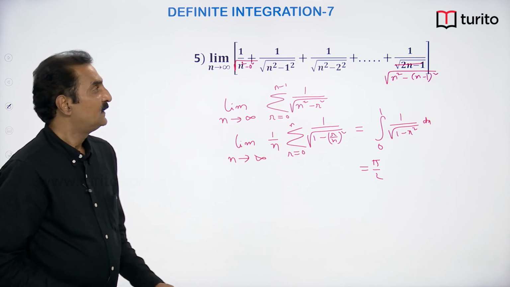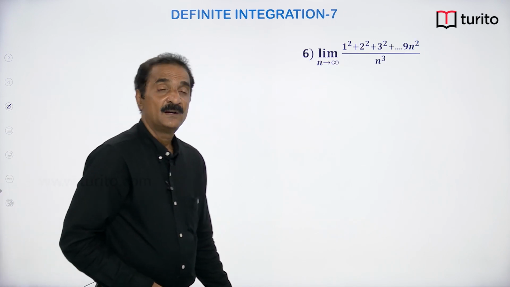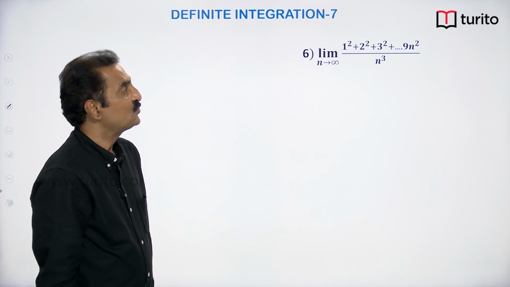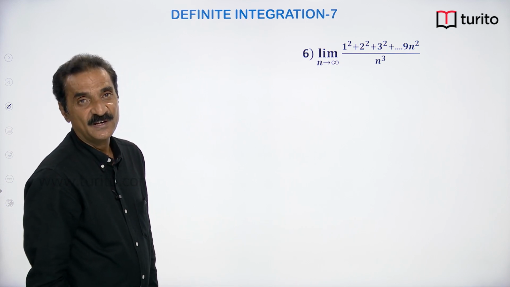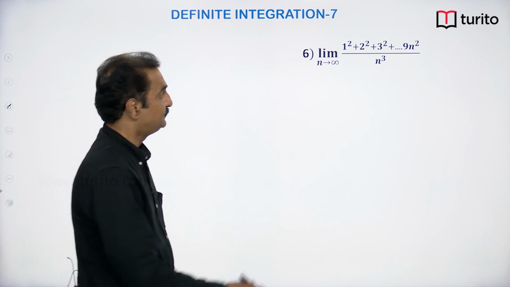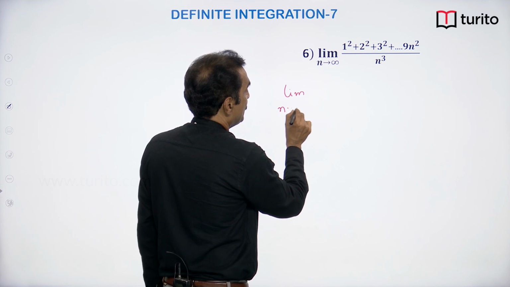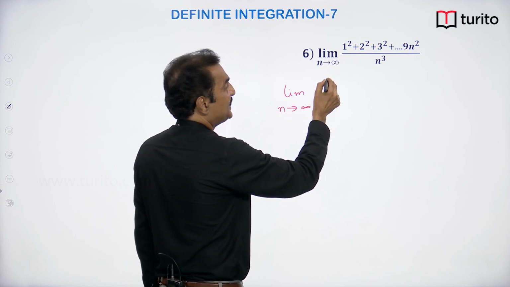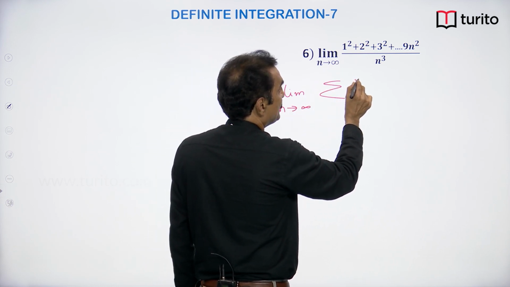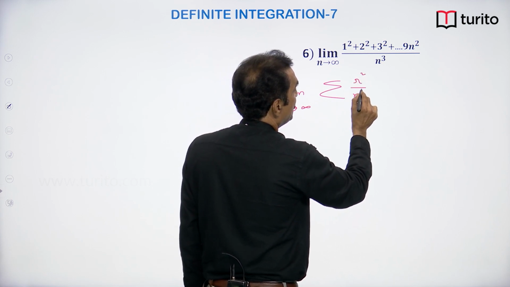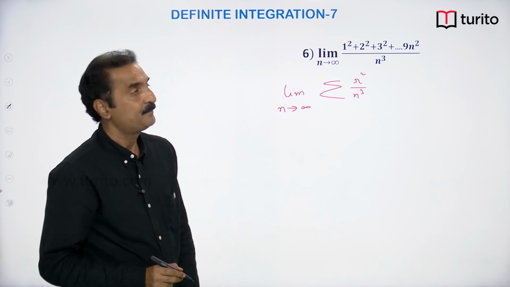Okay. Next question, limit n tends to infinity 1 square plus 2 square plus 3 square and so on up to n square by n cube. First, you write general term r square by n cube.